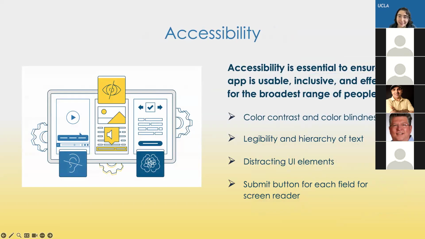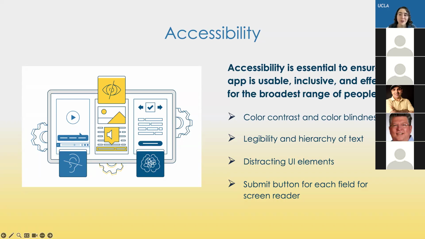And of course, it's essential to make the app as usable as possible for as many people as possible. And this is an important aspect of designing the UI. This includes looking at things such as effective color contrast and colors that would work for people who are colorblind. Also, things like legibility of text, font choices, and creating a hierarchy of the text.